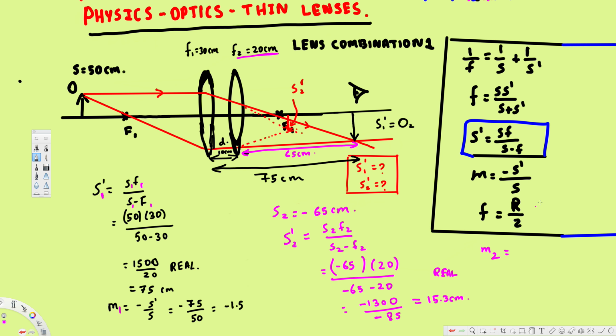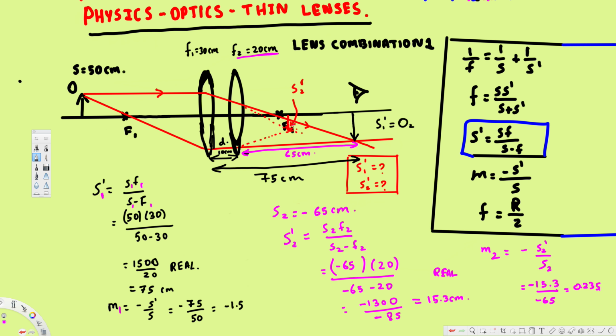Magnification is going to be minus S2 prime over S2, and S2 prime we found is 15.3 centimeter, and also we have a minus sign in front. So 15.3 over S2, that is negative 65, and that's going to give us 0.235.